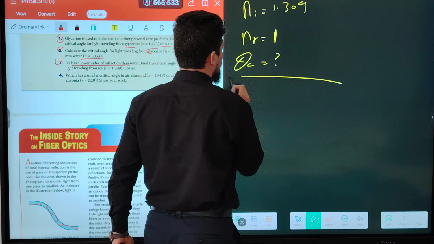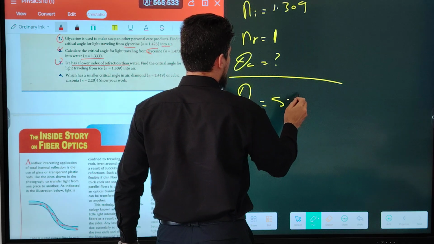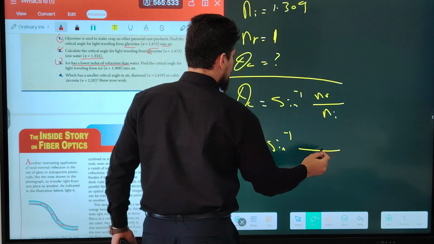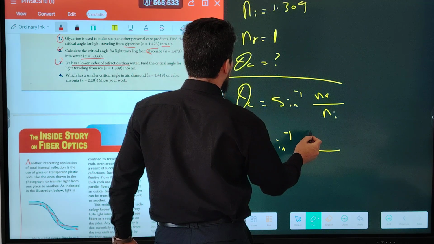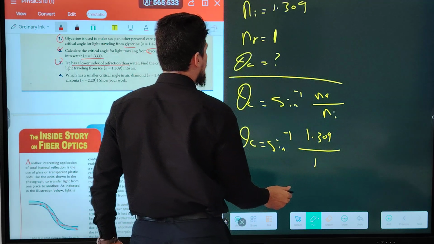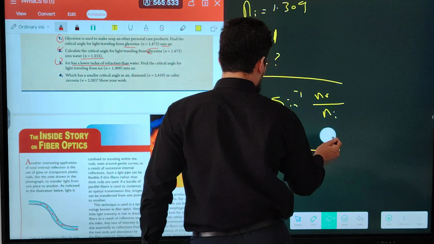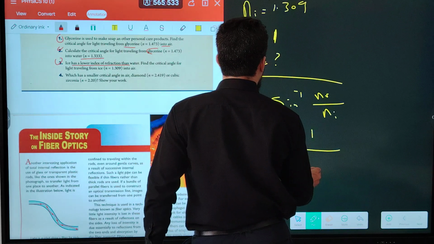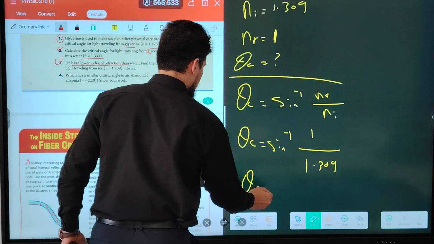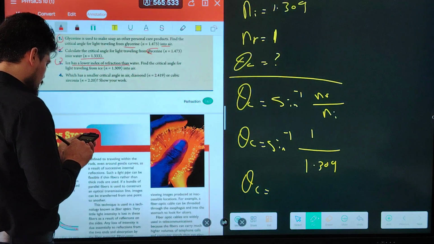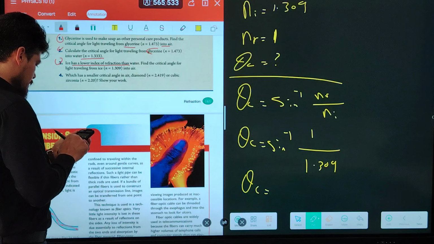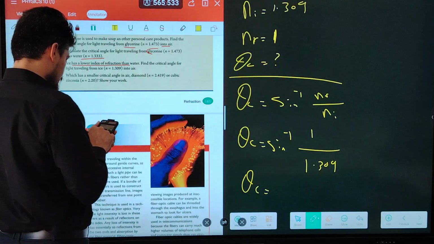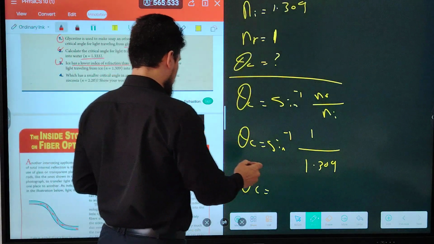Theta critical is equal to sine inverse Nr over Ni, sine inverse 1 over 1.309. Theta critical is equal to what? 1 divided by 1.309, sine inverse, for the answer 49.8 degrees.